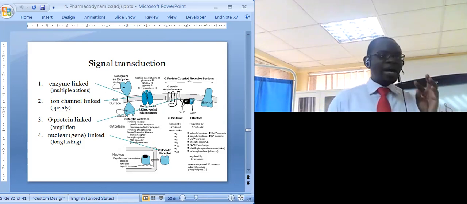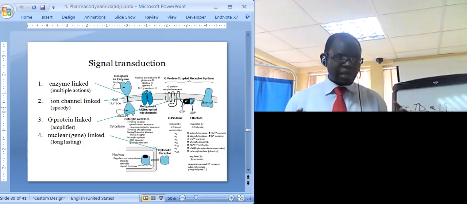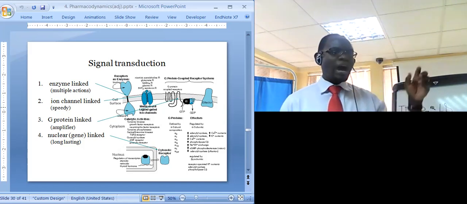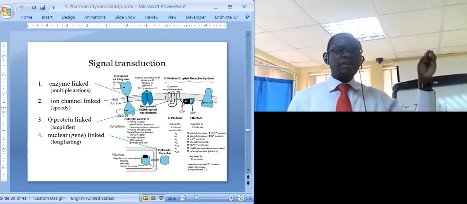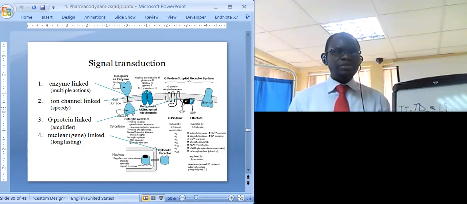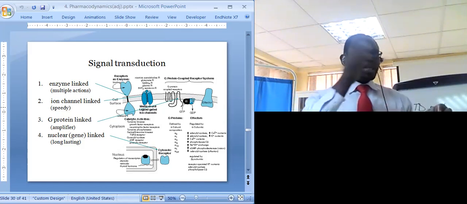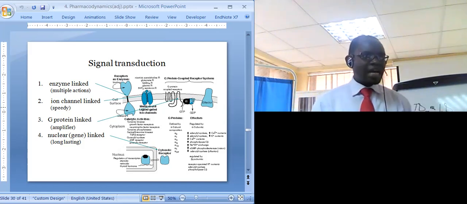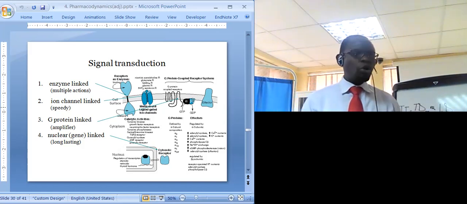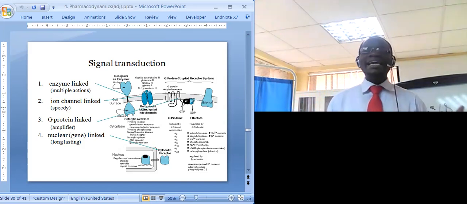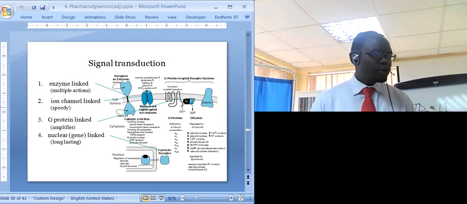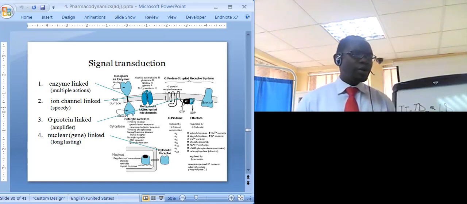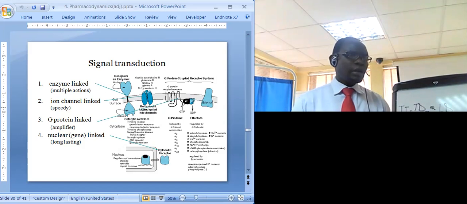If you look on the diagram, it is very clear that you have ion channels, and if a drug comes and binds to the receptor on an ion channel, it causes a series of reactions, as we are going to see. And then we have G protein coupled, which ends up producing what we call cyclic AMP. And then we also have the nuclear, or the gene linked receptors.